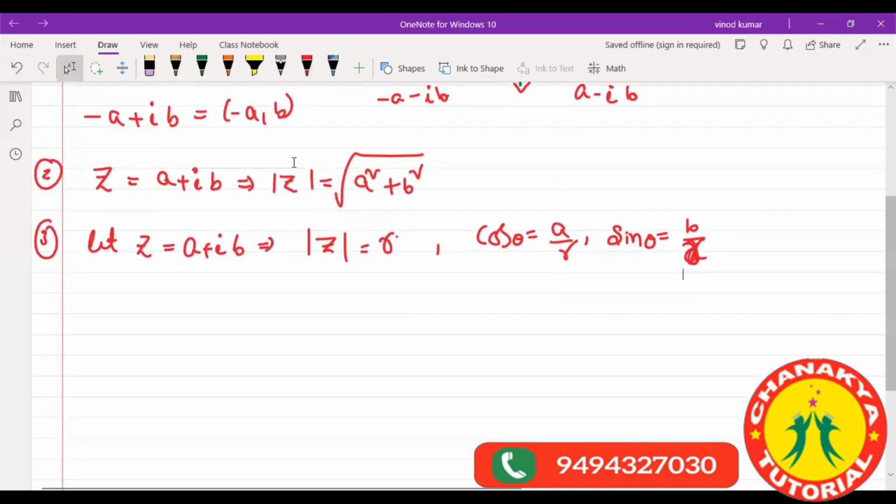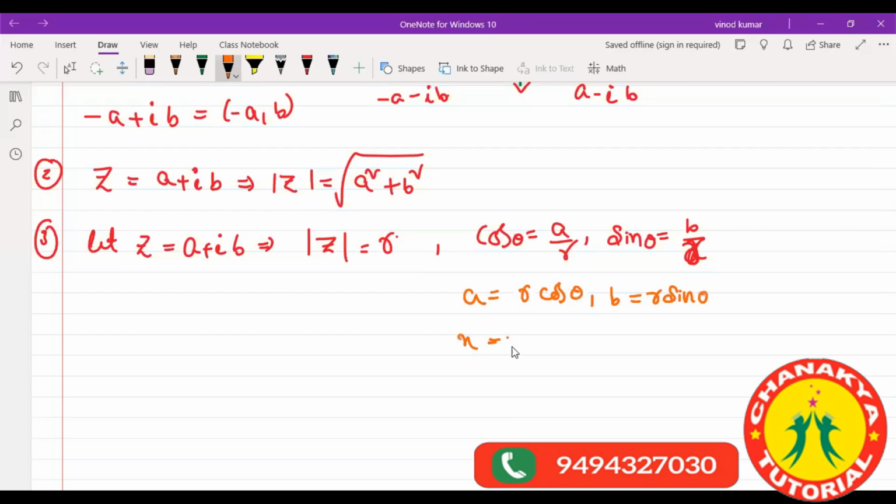From this, a is R cos theta and b is R sin theta. In the Cartesian plane x equals R cos theta, y equals R sin theta. Suppose x plus iy is R cos theta plus i R sin theta.